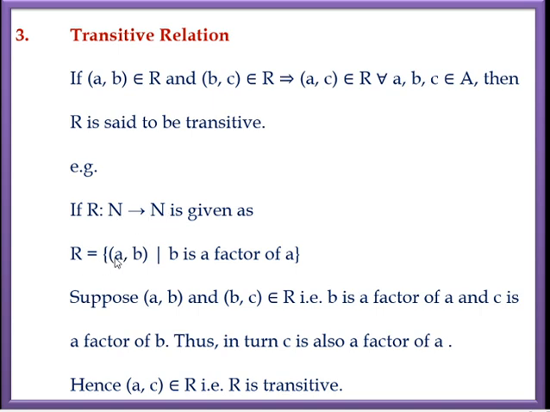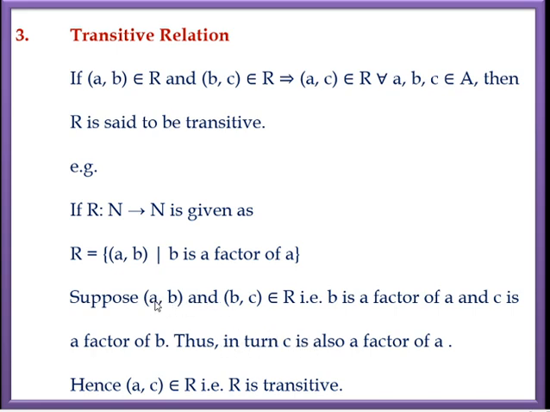If relation R is defined as ordered pairs (a, b) such that b is a factor of a. Suppose (a, b) and (b, c) belong to relation R, that is b is a factor of a and c is a factor of b, then in turn c is also a factor of a.